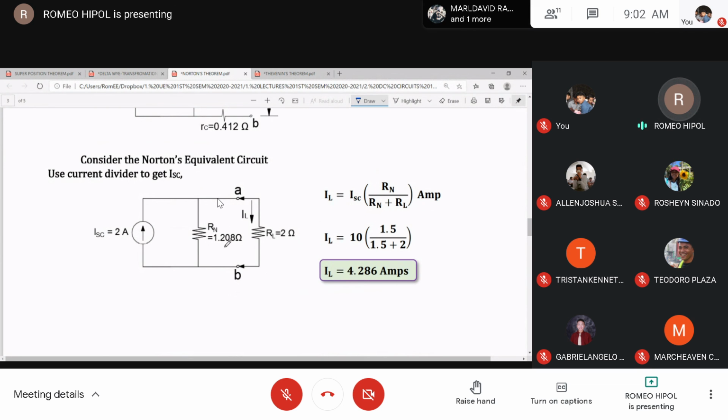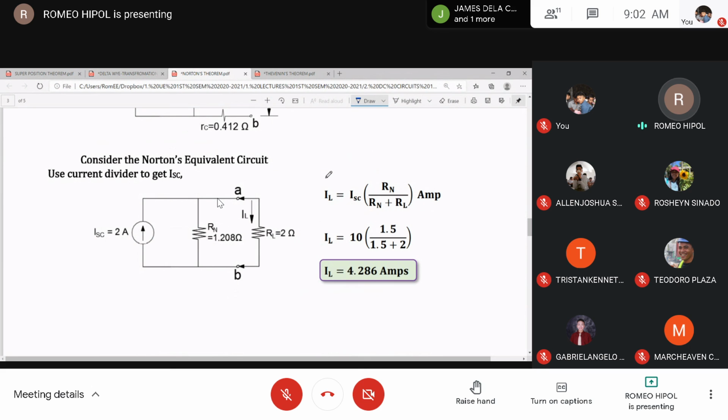Ito yung computed value natin ng looking back resistance, and then connect natin in parallel to yung load RL sa ating Norton's equivalent circuit, and then solve for the load current. So load current can be computed again using current divider principle.